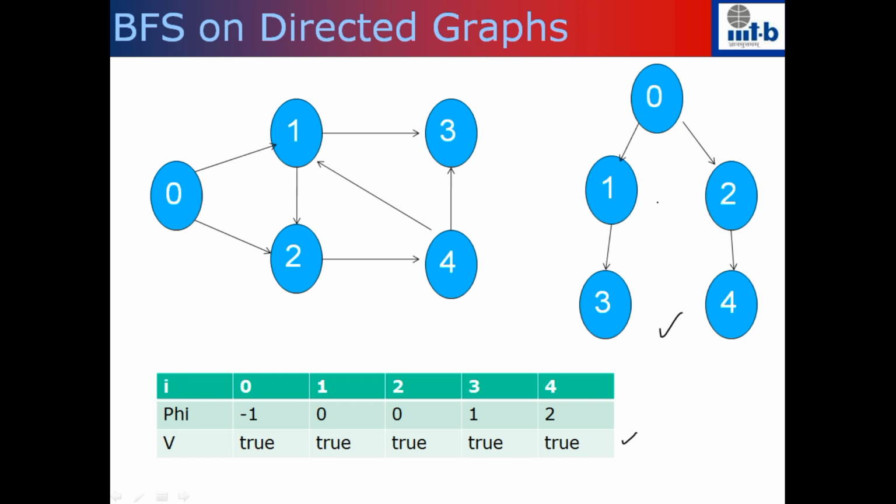So level i plus 1 will have all the nodes which are adjacent to the nodes in the previous level which have not been visited, right? So you start with one vertex, you go to the immediate neighbors, then from those nodes you go to their immediate neighbors, right?